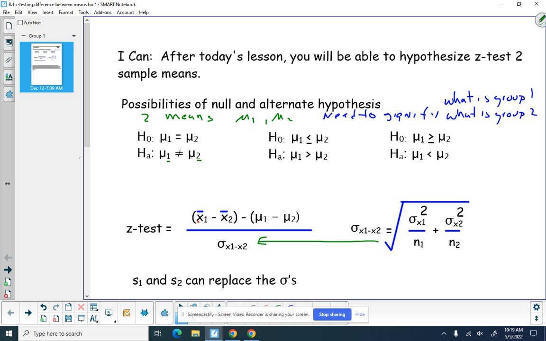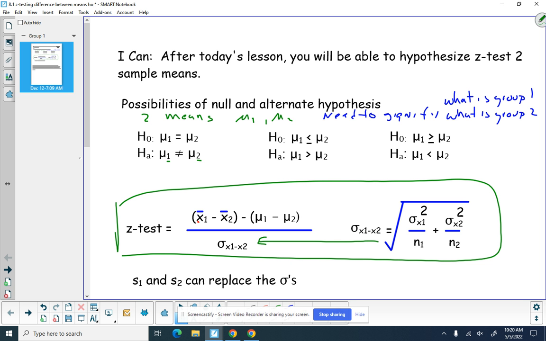Now, once again, these are things I'm not going to ask you to memorize. You have room at the bottom of your t-table, down here at the bottom. On your chi-squared table, you already have your chi-squared stuff that we talked about before, your alpha divided by 2.